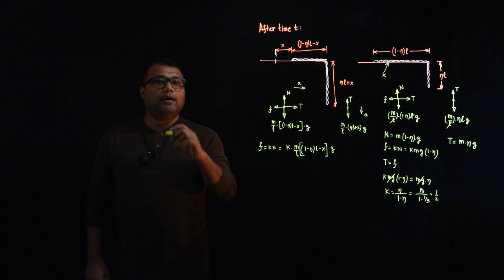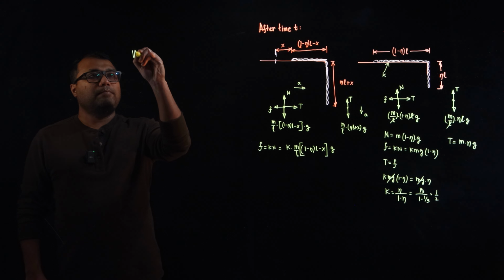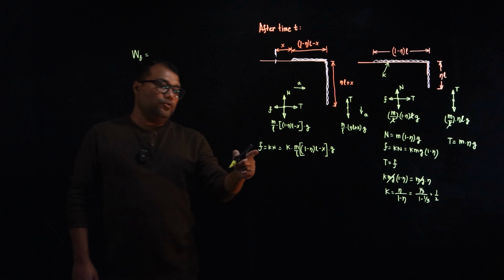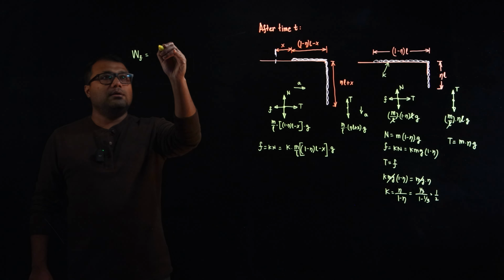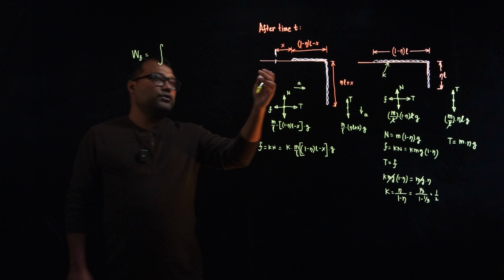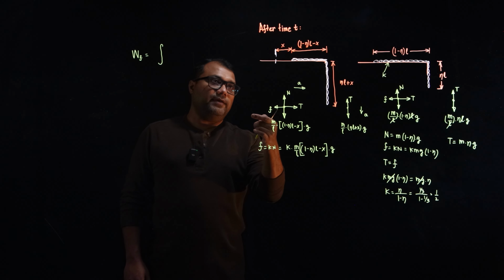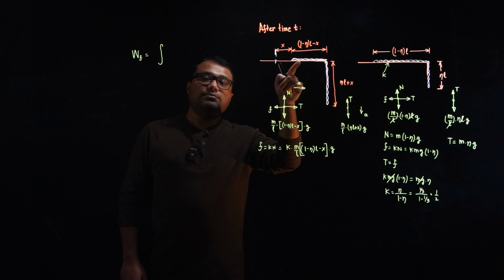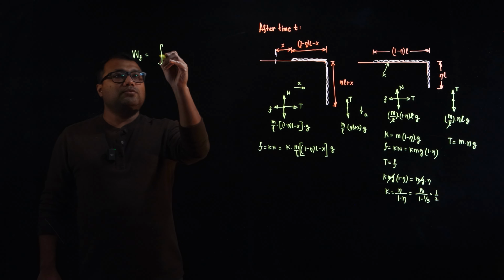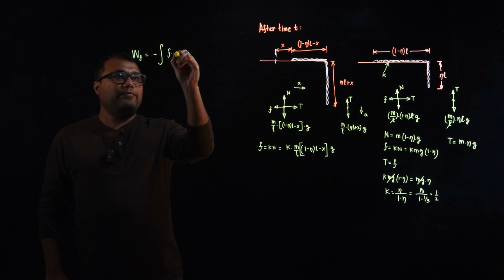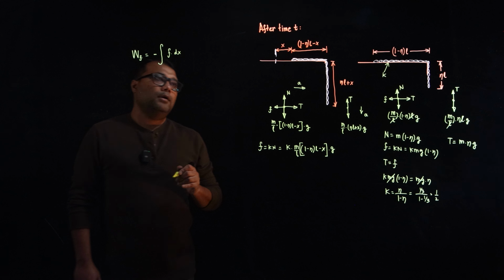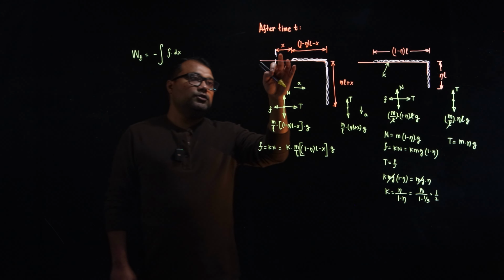Now the work done by the friction force is, if we know the force and the distance it has traveled: the force of friction is on the left side, however the displacement is towards the right, so it has to be minus. So we can write the integral of F dx. Now what is the range of x?